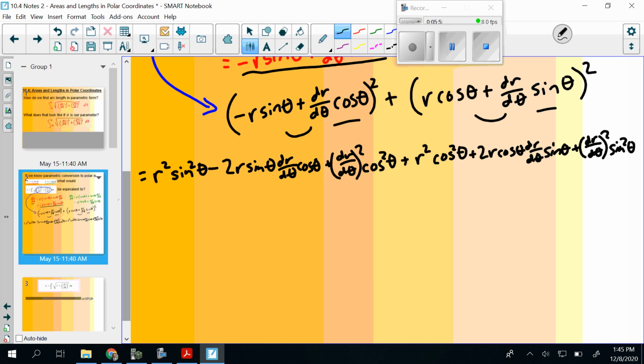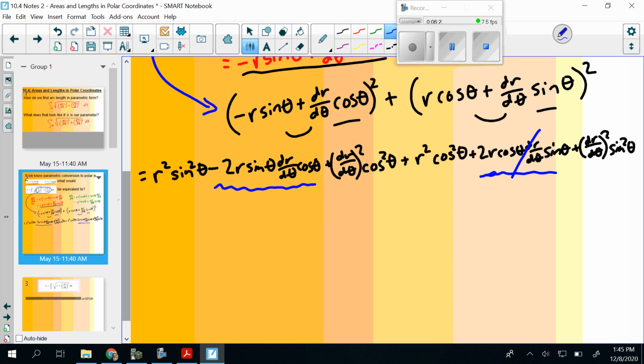All right, well, what do we have that might simplify here? Well, if you look at these two terms, this one and our last one, second to last term here, these two should simplify. They're the exact same things. 2r, there's a cosine theta, there's a sine theta, there's a dr d theta.